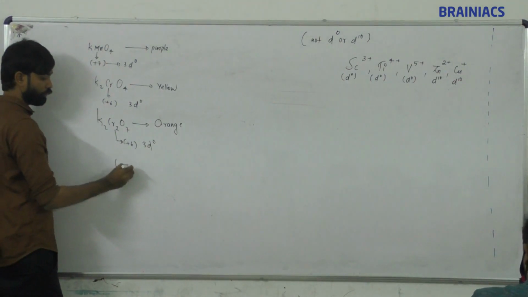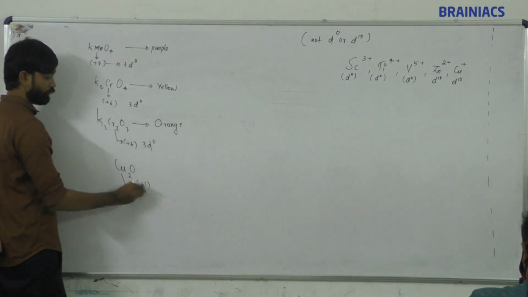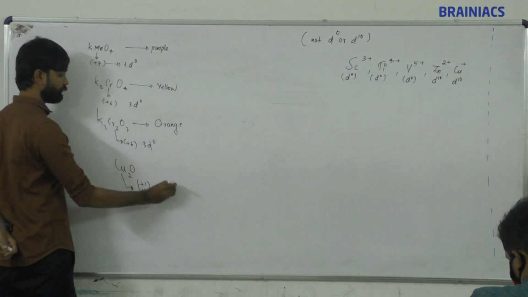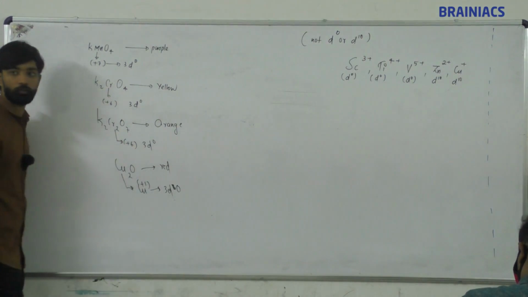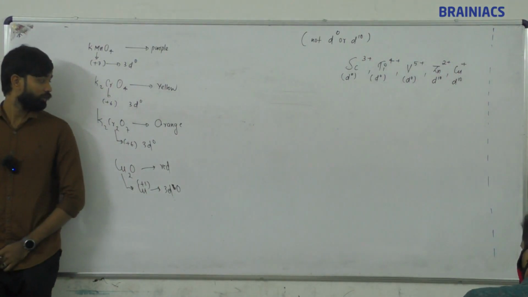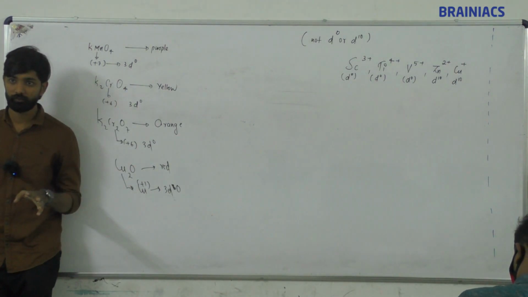Then Cu2O, where copper is in +1, is 3d10, having a red color. Here the surrounding atoms are all oxygen, right?